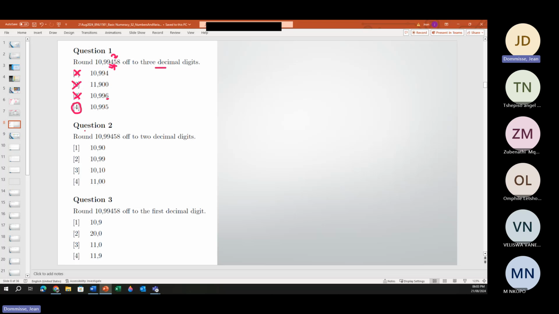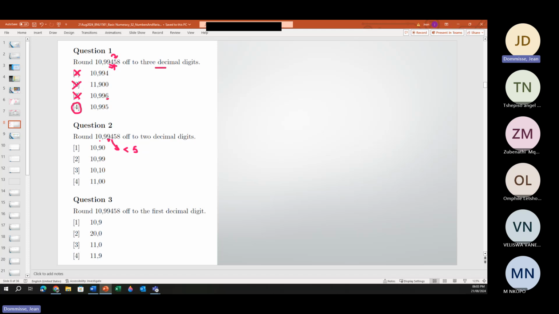So let's look at question 2. Here they said, round 10,994, the same number, off to 2 digits. Because 4 is smaller than 5, we keep it as is and we don't round up.